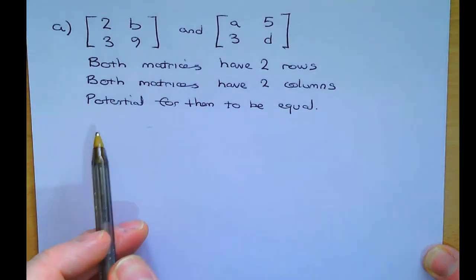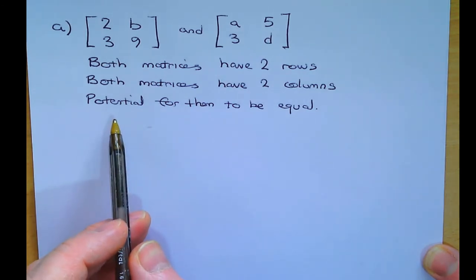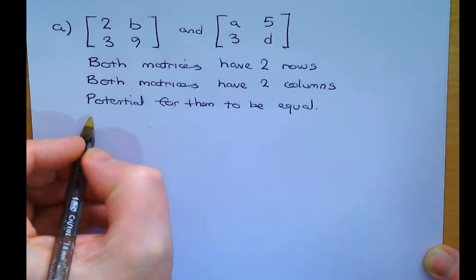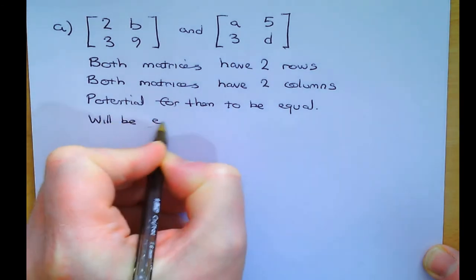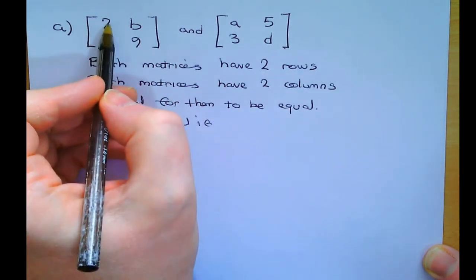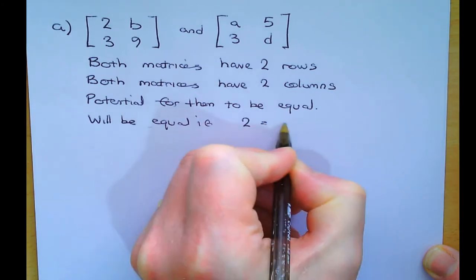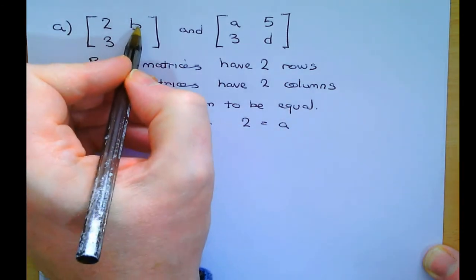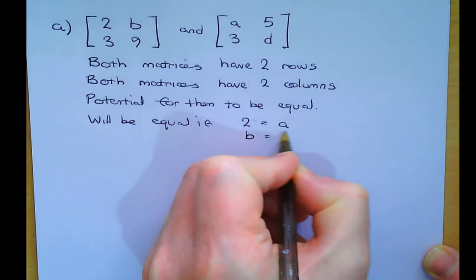But they're only going to be equal if the corresponding entries are equal. So we can say that they will be equal if, well, we need 2 to be equal to A. We will need B to be equal to 5, equate the top right entries.